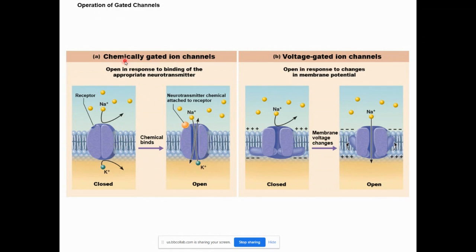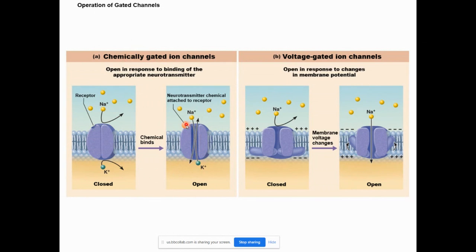So this is just saying if a channel is chemically gated, like these here, when a chemical binds, there's a receptor, this protein is a receptor, meaning it receives something. So now a chemical has bound to that receptor, which causes the tunnel to open. So the gate opens in response to a chemical, right?